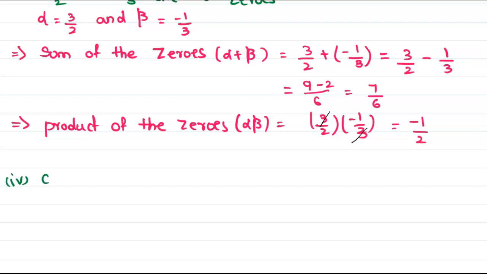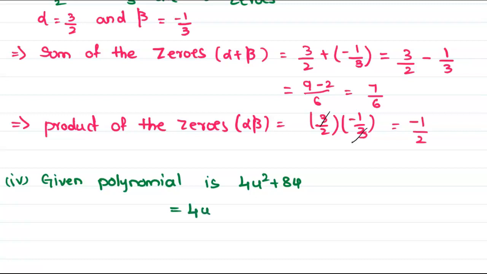In this, the given polynomial is 4u square plus 8u. So that is equal to, we have to take common in these two terms, that is 4u, then we will get u plus 2 here.